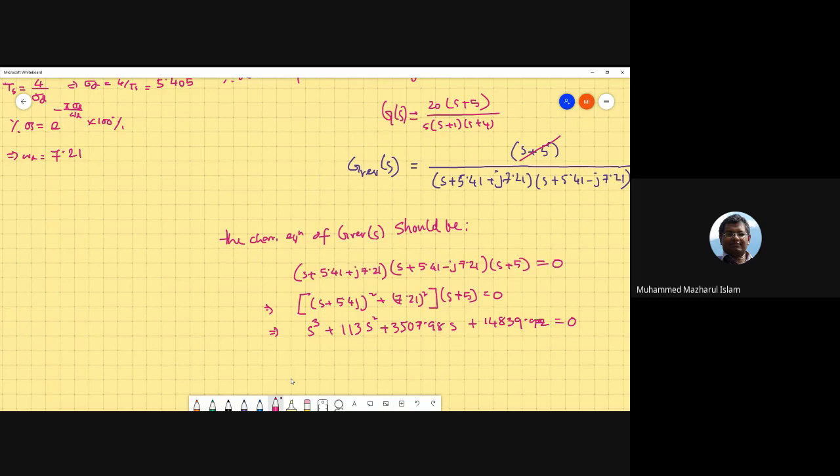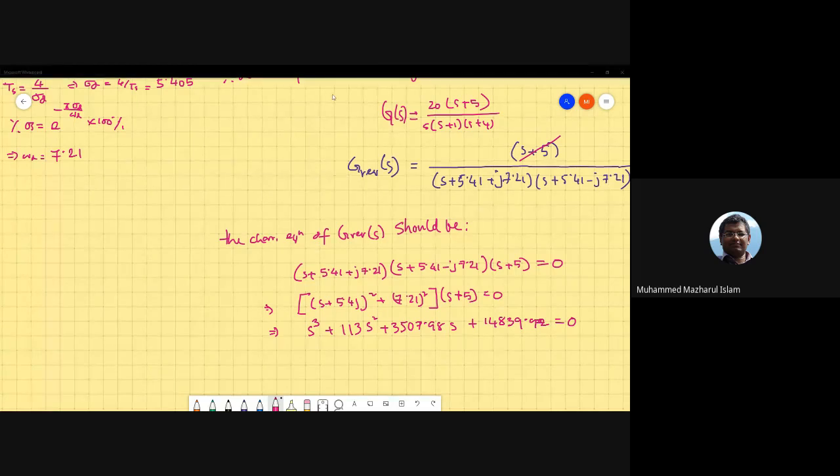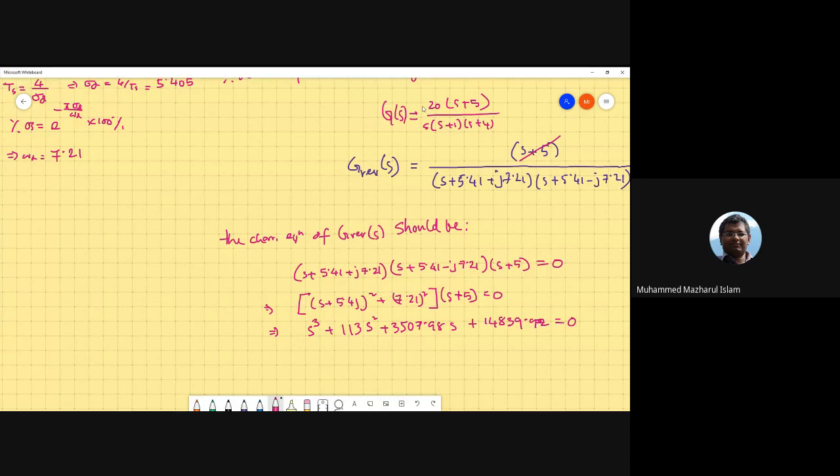Can you just verify whether these are right? Sir, that's why I checked online with a simplification tool, and this is what it gives. Really? Okay. Others, please cross check whether this is right or wrong.